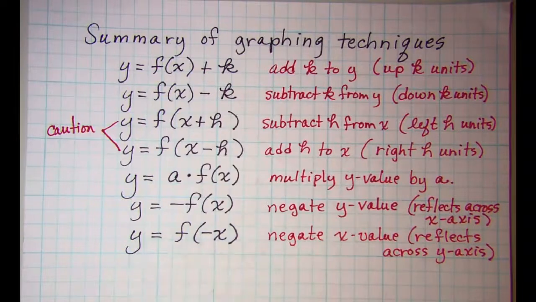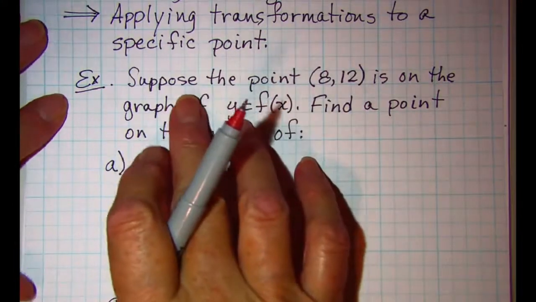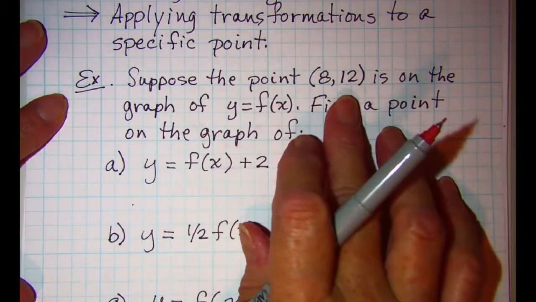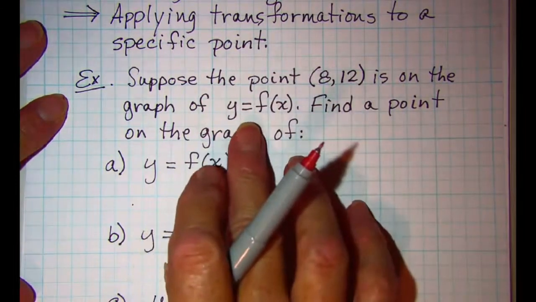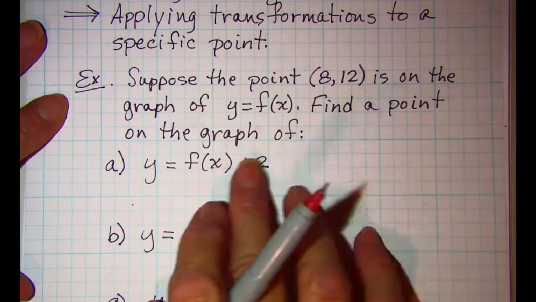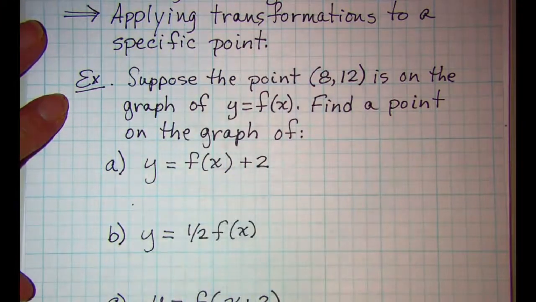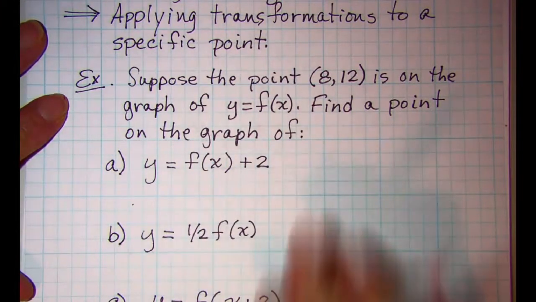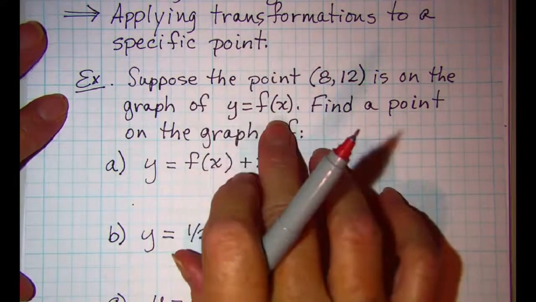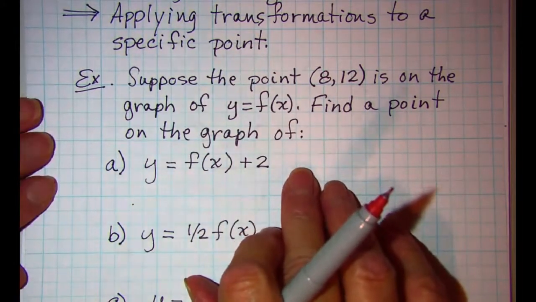Now let's use some of those graphing techniques on a specific point. Our example is, suppose the point 8, 12 is on the graph of y equal f of x. Find a point on the graph of y equal f of x plus 2. Now we don't know what our function is, so this is a little bit different from what we've been doing.